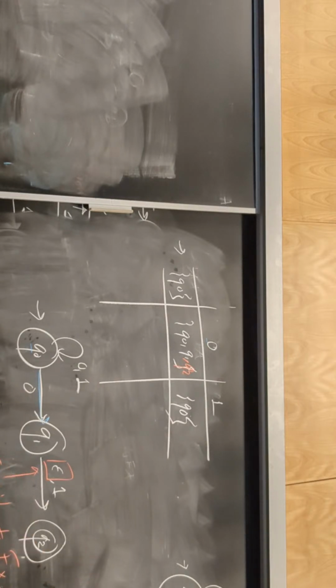Then this Q0, Q1, Q2 state in my DFA represents all of the possible states my NFA can go to when from the start state it reads 0. So I'm encoding information in my DFA directly, and in this case the information is all the possible transitions I can go to from Q0 reading a 0.